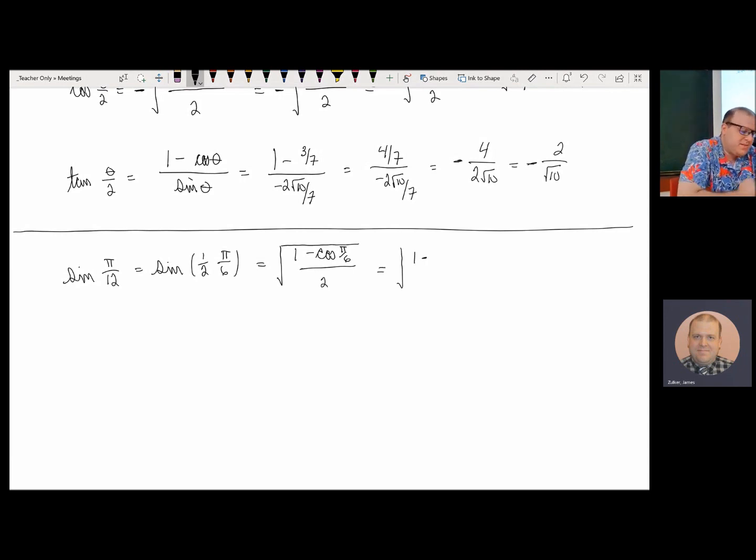What's cosine of pi over 6? Oh, pi over 6. Oh, that's root 3/2. Yeah.